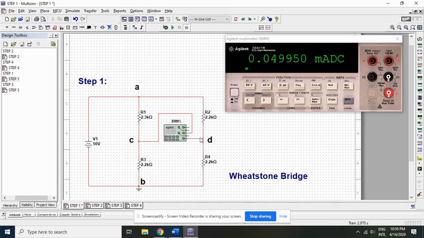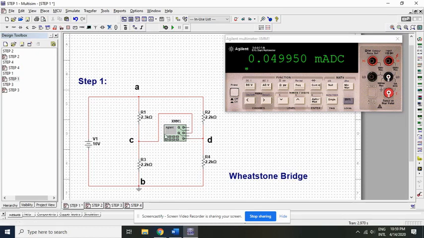Now for this step, we are going to measure the value of Ig. If you refer to your lab manual, the first instruction says you need to construct the circuit as in figure 4.8 and measure current Ig through the galvanometer, and record all your results in table 4.1.